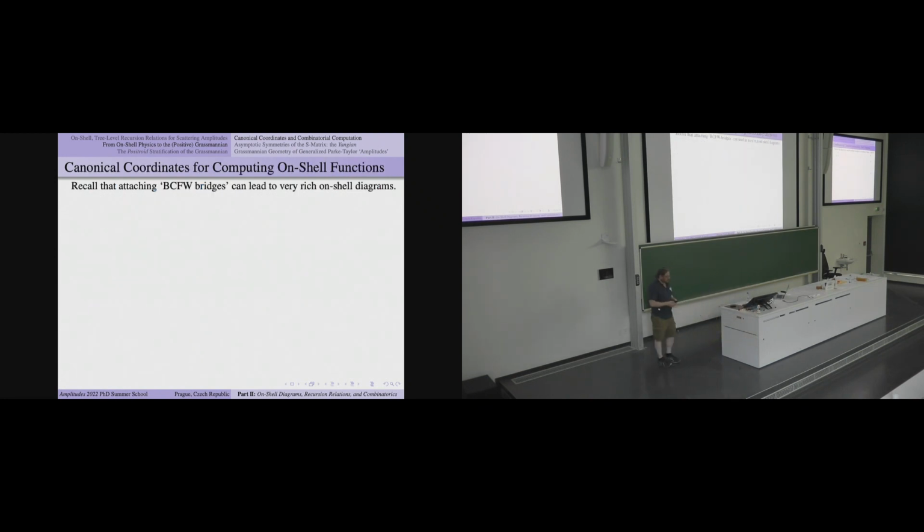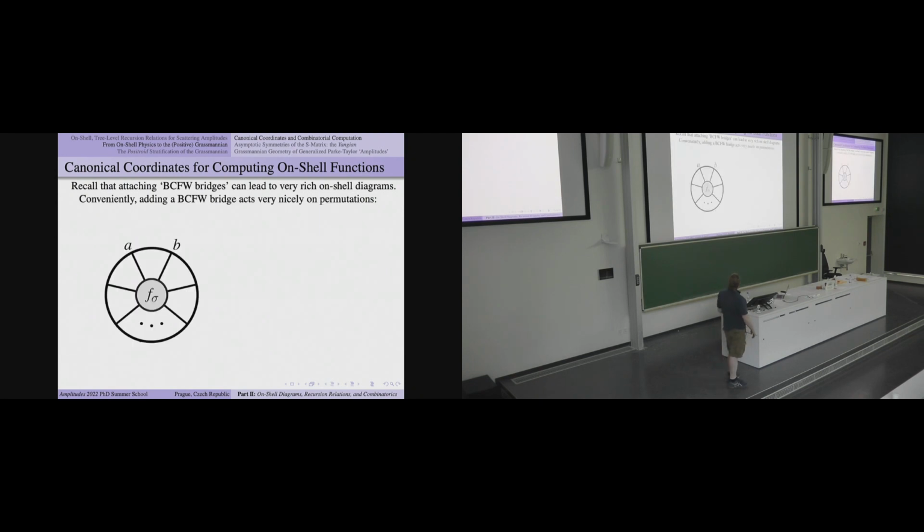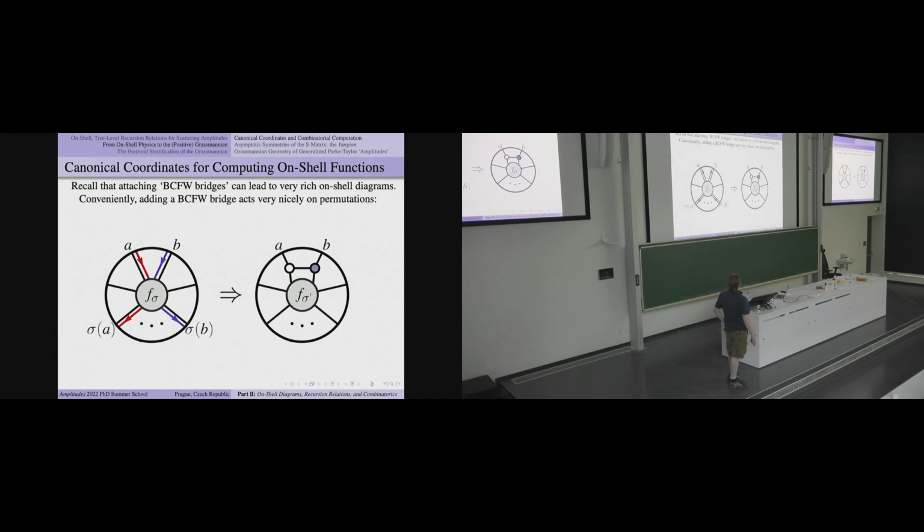Okay, so I already mentioned one of the most useful tools for building up diagrams, or at least expanding your vocabulary. Once you have some on-shell functions, you can start building up a broader class of on-shell functions by adding a BCFW bridge. So if you take this, whatever this diagram is, and you attach a bridge, we know that it shifts the momenta flowing into this graph, and it adds a d alpha over alpha to it, et cetera.